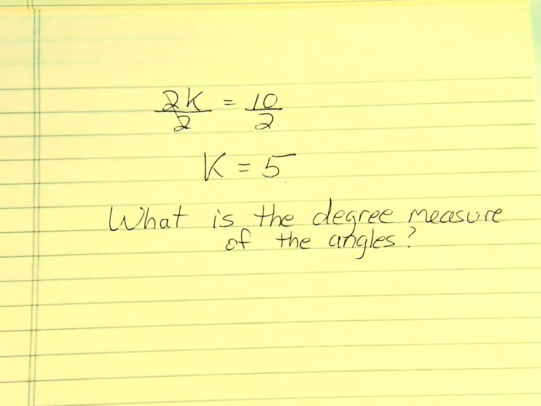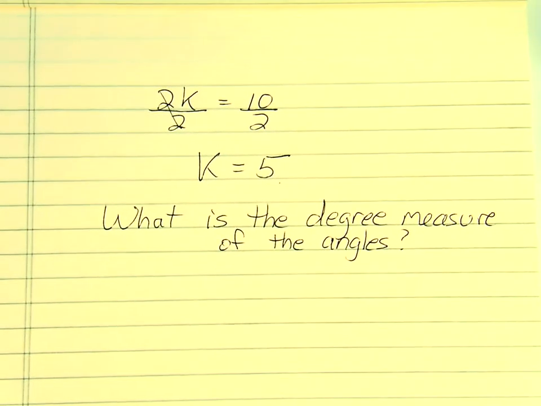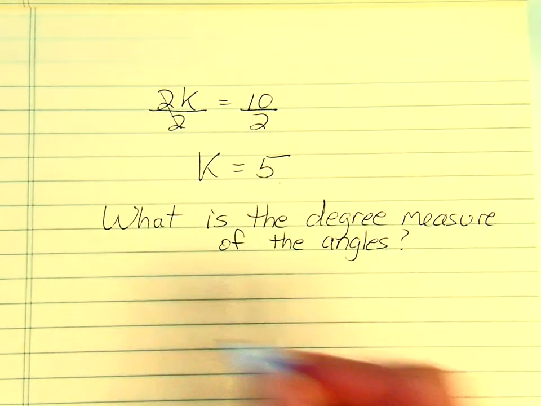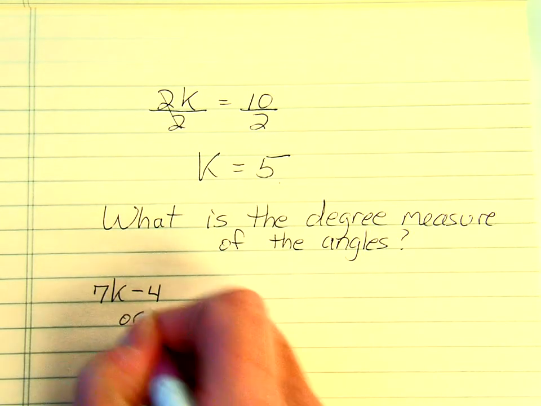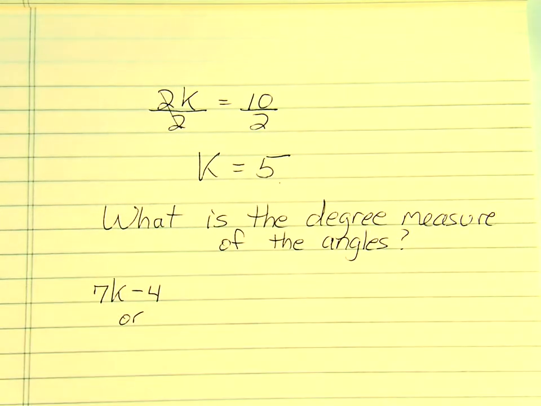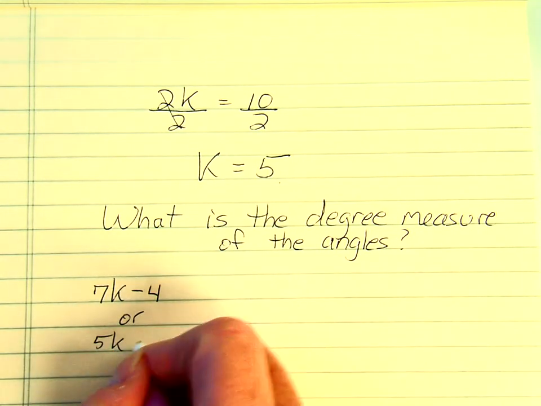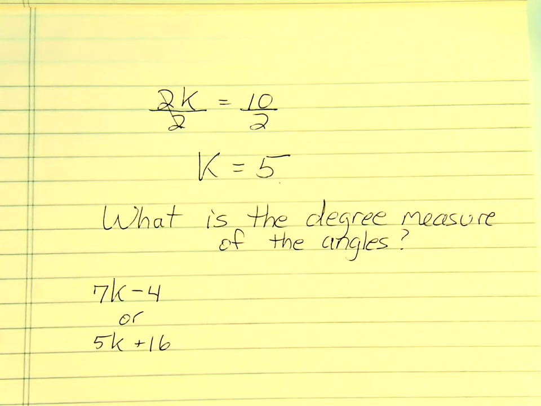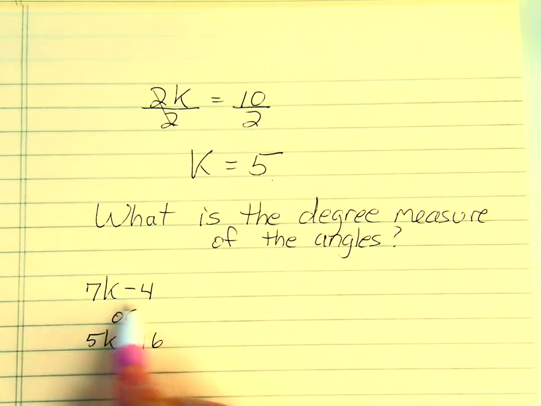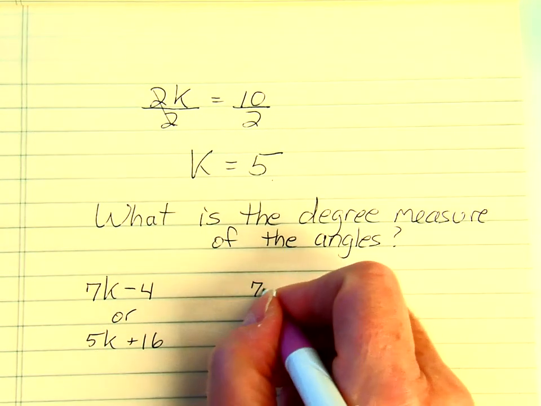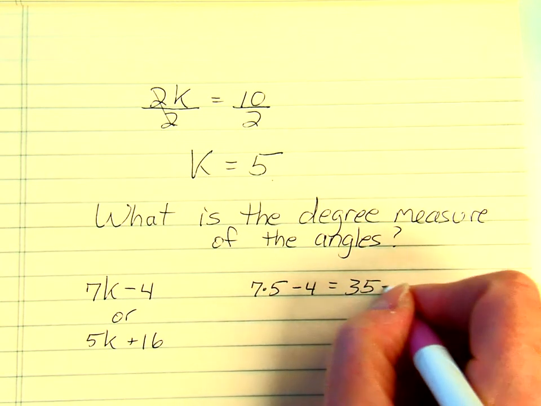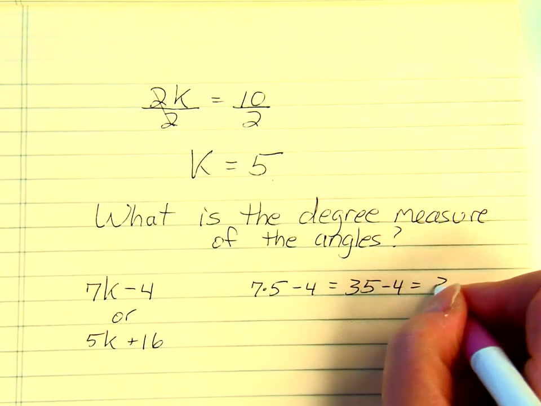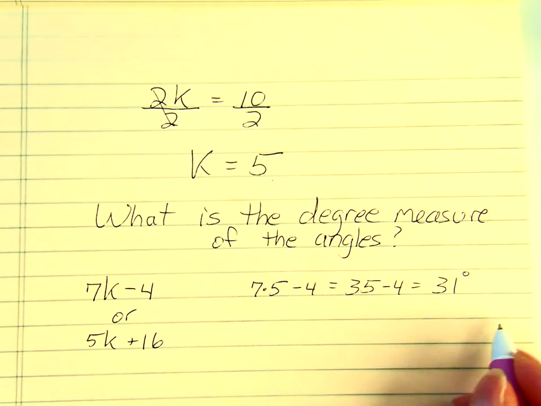So we can go back and we can either do 7k minus 4, or we can do 5k plus 16, or we could do both. 7k minus 4, 7 times 5 minus 4 is equal to 35 minus 4, which equals 31 degrees.